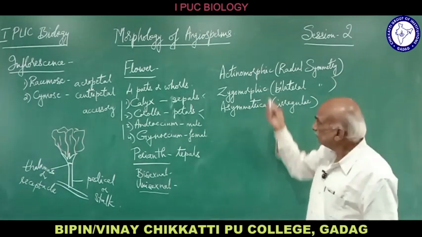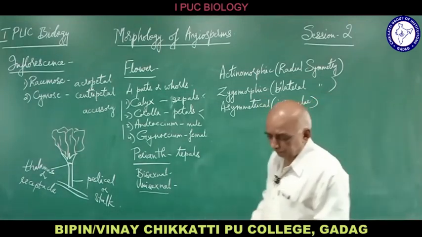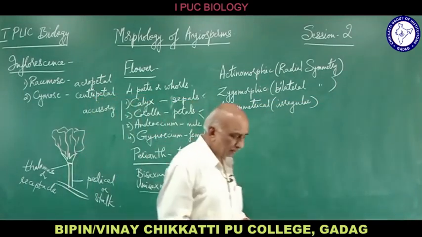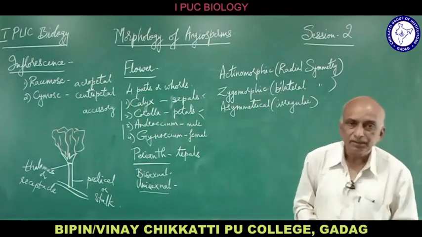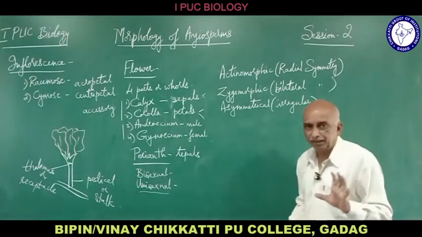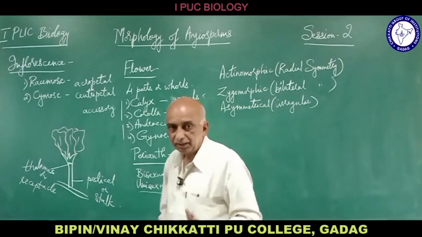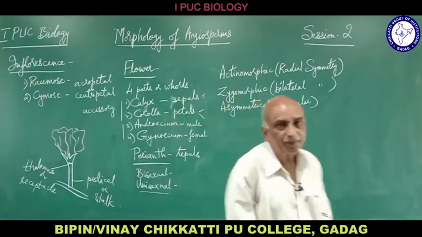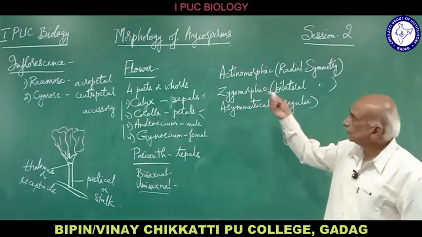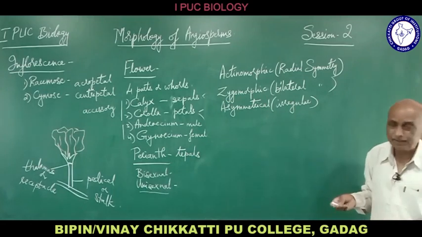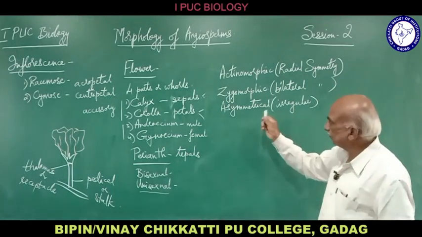So this hibiscus flower is an actinomorphic flower. Zygomorphic flowers are usually the groundnut flower, beans, pea and all that. So the flower of a bean, the flower of the groundnut, they are all bilaterally symmetrical or zygomorphic flowers. Actinomorphic flowers, this is the mustard flower, hibiscus flower, all those are actinomorphic.